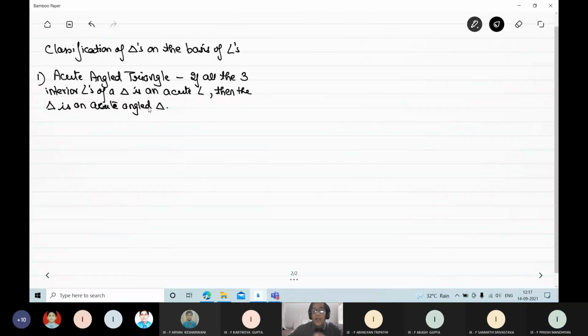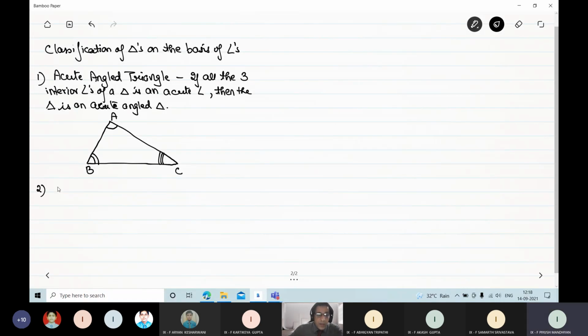All the three interior angles should be acute. An acute angled triangle would look like something of this type, wherein this is A, this is B, this is C. All the three angles are acute angles, greater than 0 degrees and less than 90 degrees.